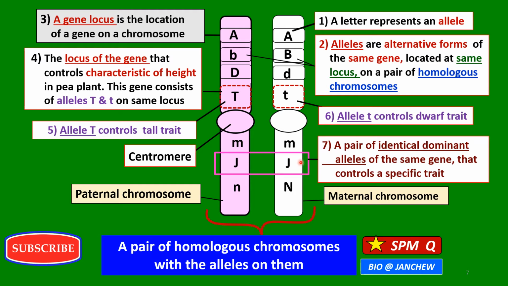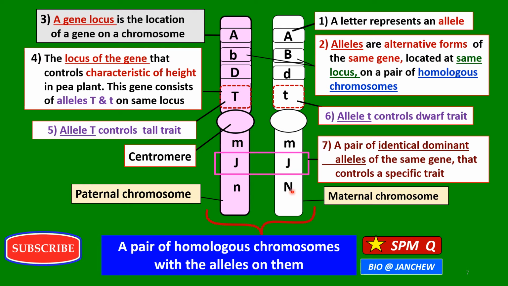Whereas for another trait controlled by big N and small n here, we say that the organism is heterozygous for this trait because it has one dominant allele and one recessive allele. So these two alleles are different. Therefore, we use the word hetero, meaning different, heterozygous, to describe this organism from the aspect of this particular trait.